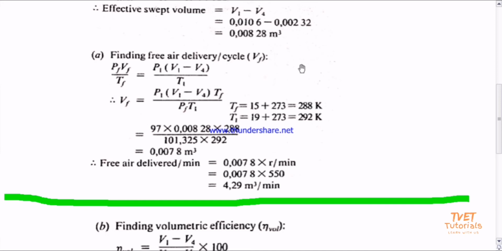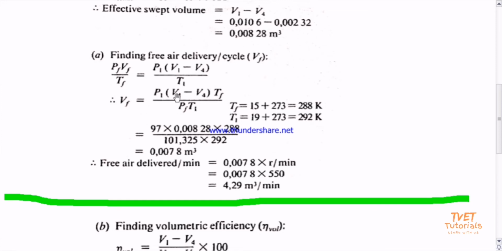It was 67 kPa at 19 degrees, and the conditions at atmospheric are 101.23. So here is how you convert from degrees Celsius to Kelvin. We say 15 degrees plus 273, and it becomes 288 Kelvin. 19 degrees plus 273 converts your degrees Celsius to Kelvin. It's 292.